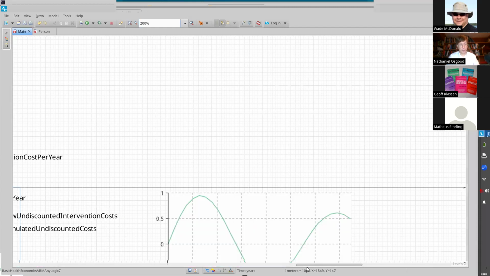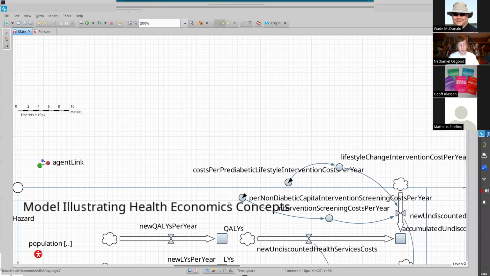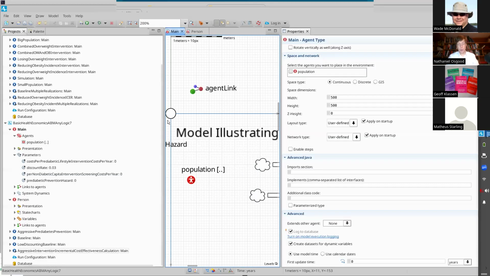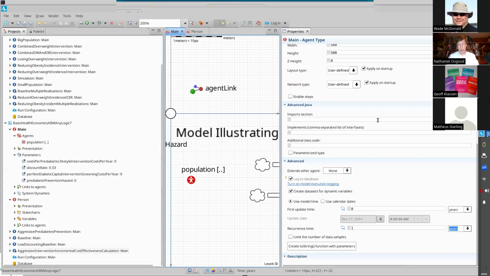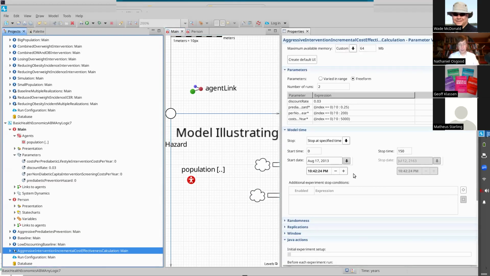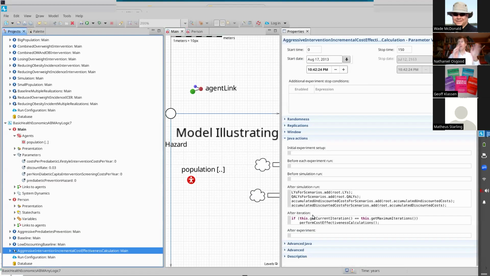For each run of the model, we store away that value at the end of the model for this incremental cost effectiveness calculation. So first we have to run the model for the baseline and the intervention. We squirrel away what the result was for each of these quantities.